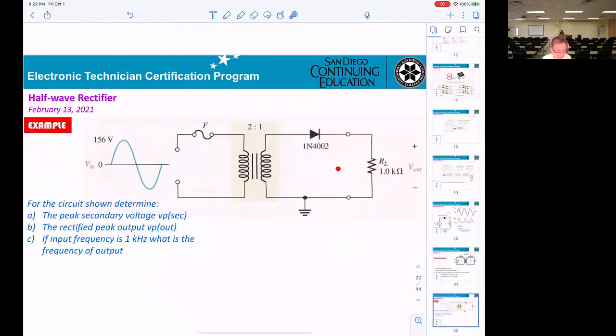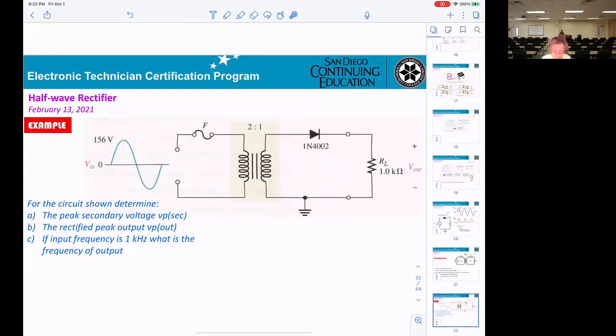That's easy, right? VP here equals V primary times NS divided by NP, and peak. So the voltage here will be 156 divided by 2.